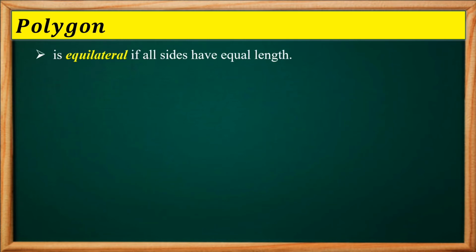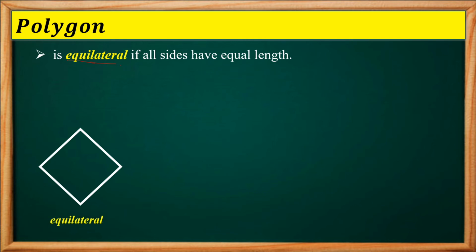Next. In a polygon, we have what we call equilateral. Ibig sabihin, equilateral, it means all sides have equal length, or all sides have equal measurements, or all sides are congruent. Example on this part.